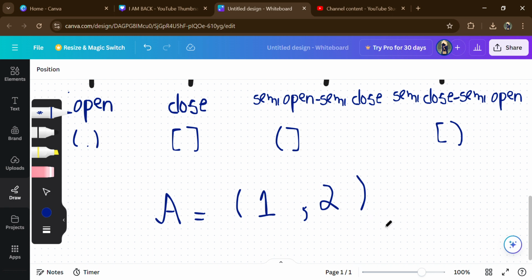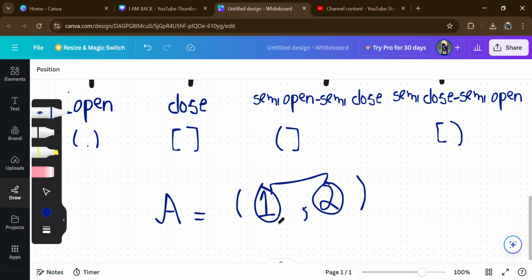Now in this condition, I have told you in the previous video that an interval is basically not only the set of 1 and 2, it is the set of all numbers in between 1 and 2. So whenever there is the round bracket or open interval, we will consider all numbers in between the 1 and 2, not exactly 1 and 2.